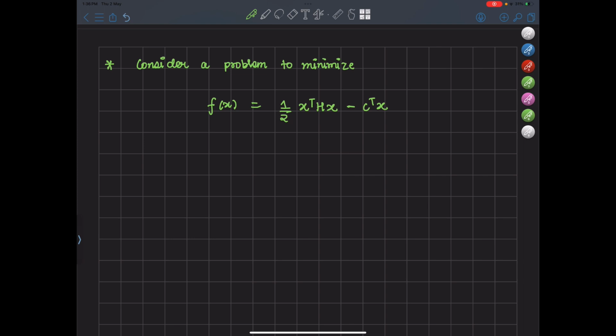If it is a quadratic function, H is a symmetric positive definite matrix. SPD means symmetric positive definite, and to find its minimum, the gradient needs to be 0, which gives us the minimum to be H inverse c.